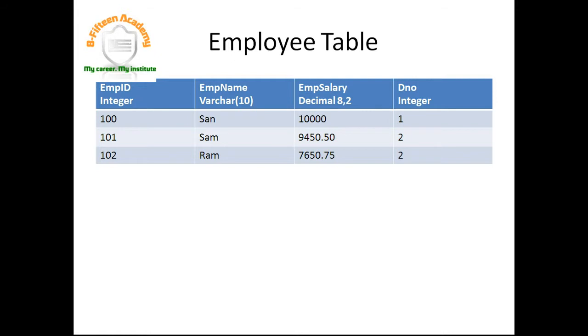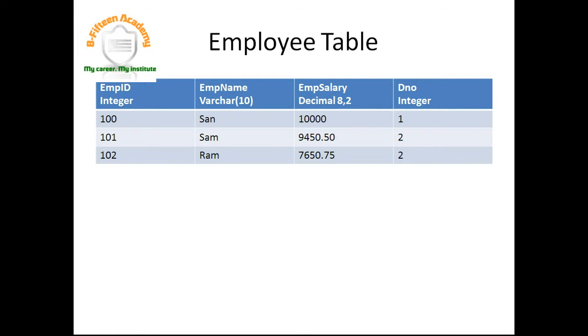So briefly summing up, entity set will become table, individual entities will become rows, and attributes will become columns. That is how typically an entity set or an entity is converted into a table.